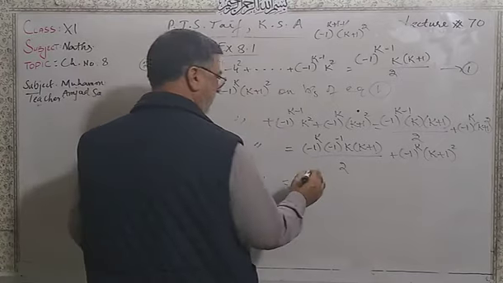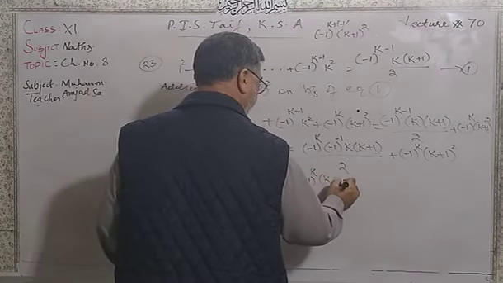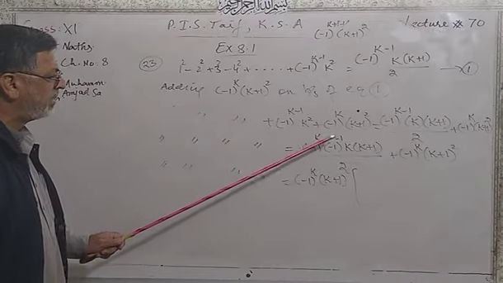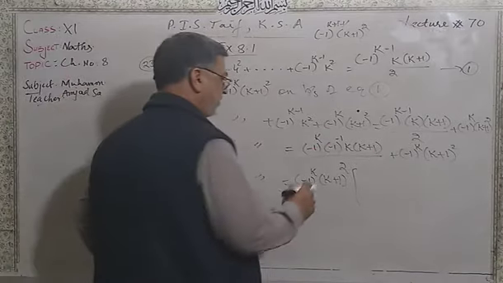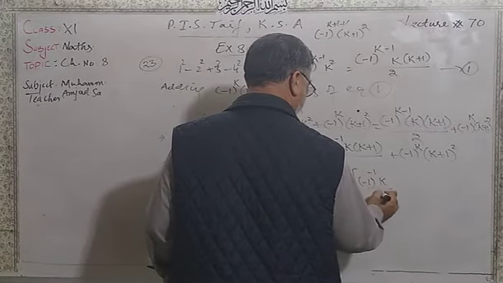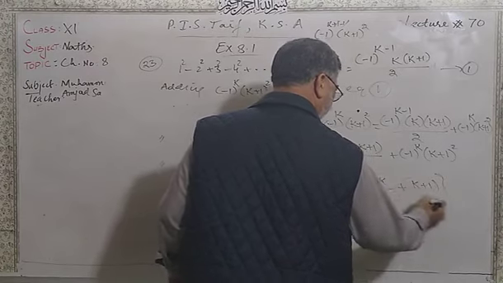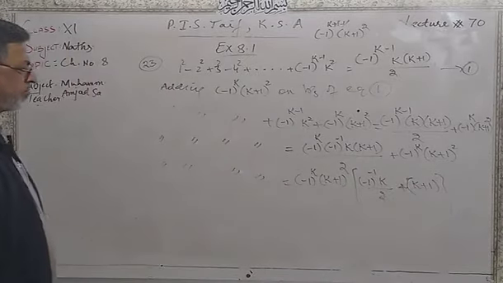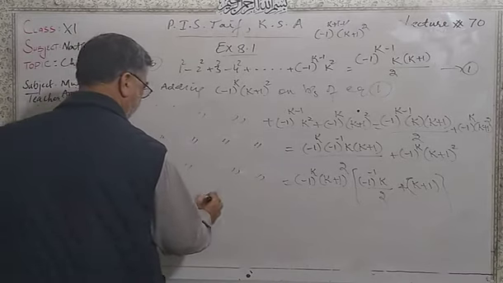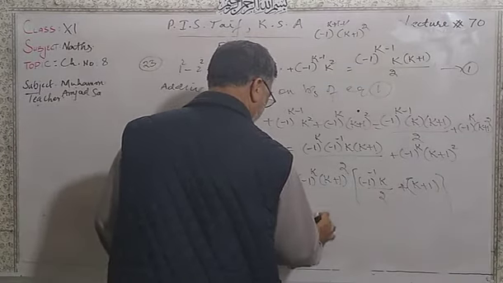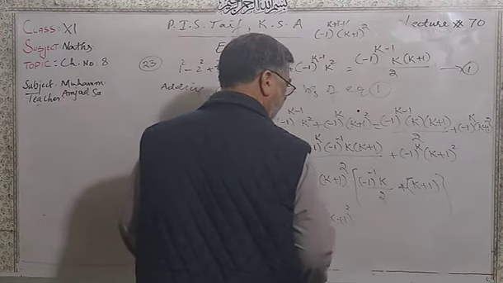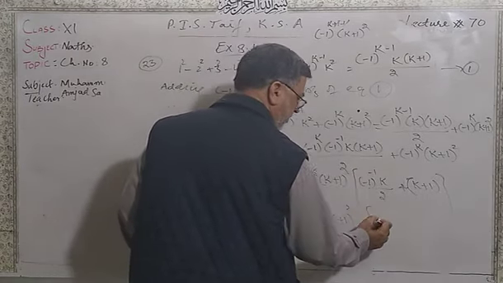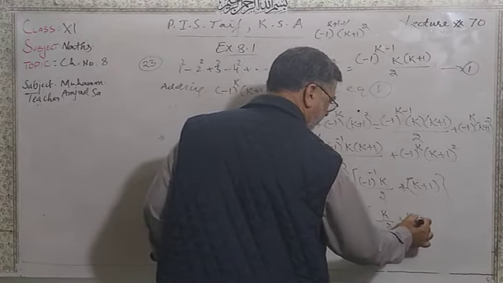Dear students, you can take common (−1)^k (k+1). What is left is (−1)^(−1) k/2 and plus (k+1). The left hand side will be (−1)^k (k+1)² into, taking (−1)^(−1) down, minus k/2.